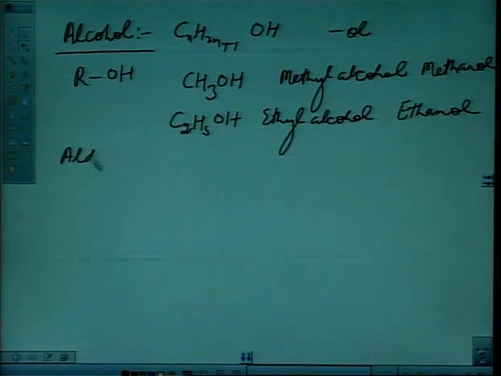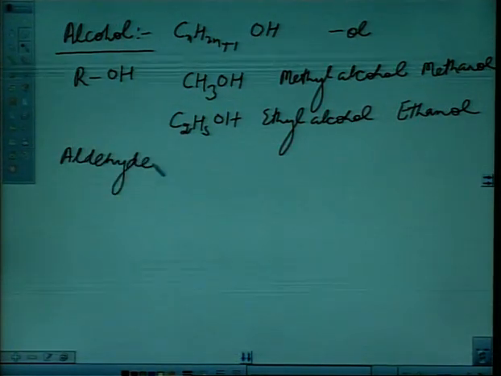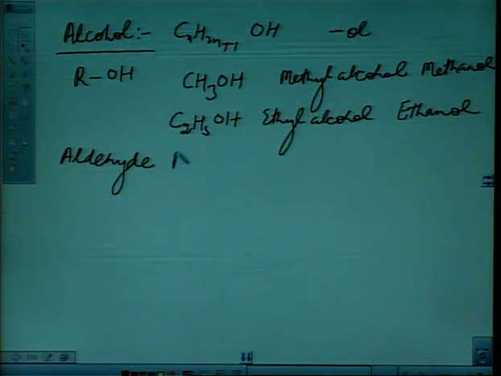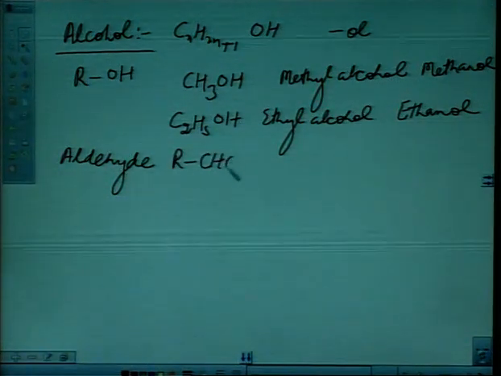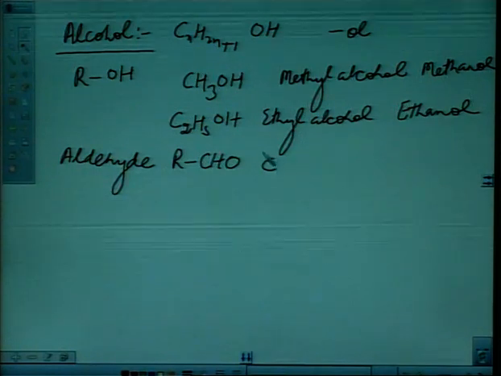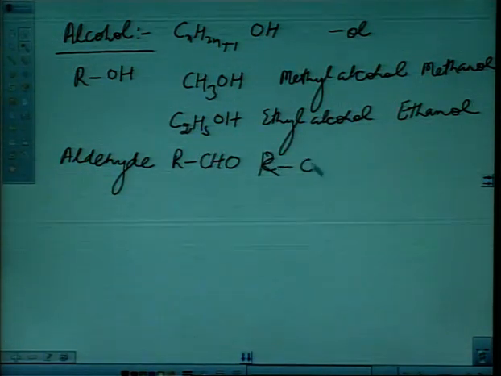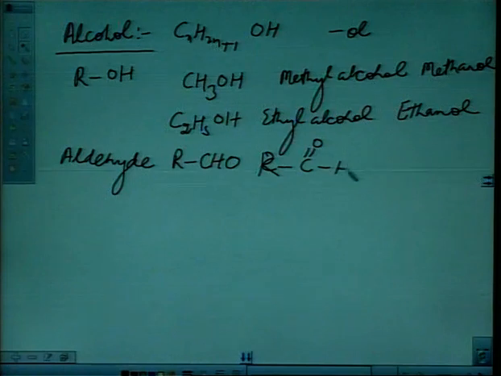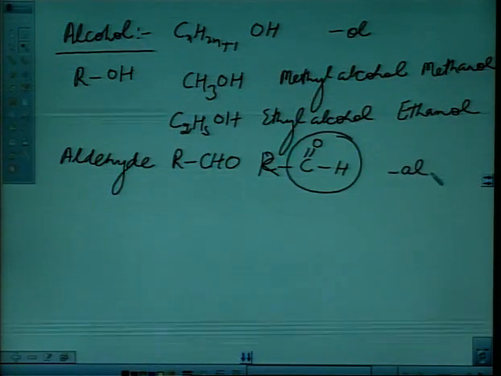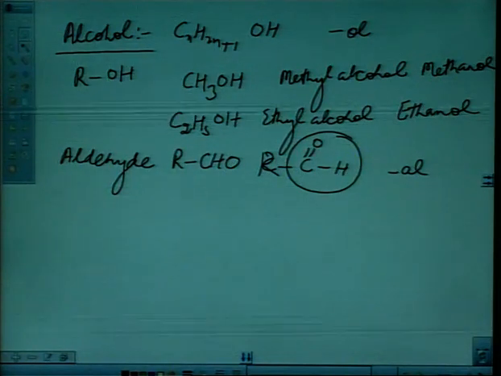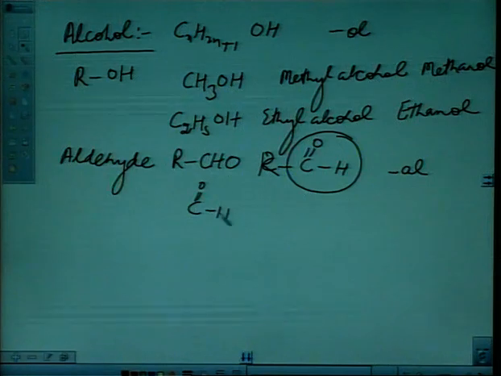Okay. The next family is aldehyde. The general formula is RCHO. This is the aldehyde group, and the suffix is al. The first member is the one with one carbon.